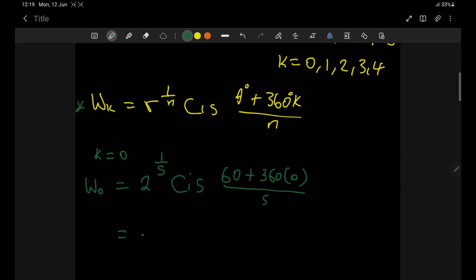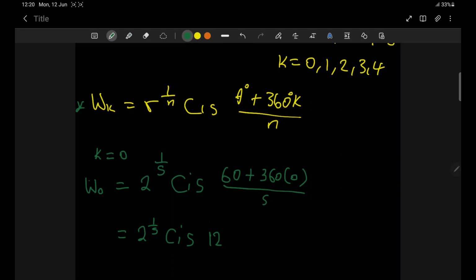So this one is 2 raised to 1 over 5. Then we're having 360 times 0 will be 0. So we'll have 60 divided by 5, which is 12. So we'll have cis 12 here.